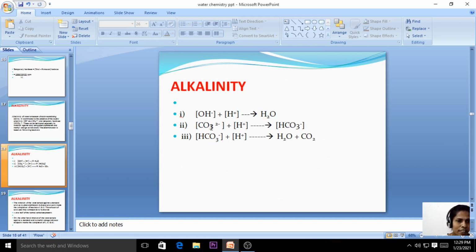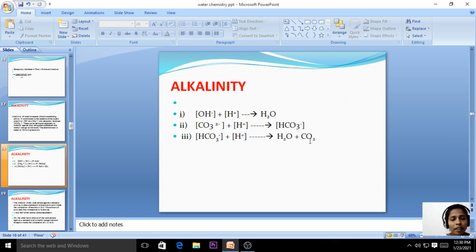For full neutralization, it should react with two H plus ions because it has the 2 minus. If 2 minus is reacting with 2 plus, then only we will get the neutral compound. But here, it undergoes half neutralization when the carbonate is titrated with the acid. So we are getting the bicarbonate ion. This bicarbonate ion is further titrated with the acid to produce water and carbon dioxide.